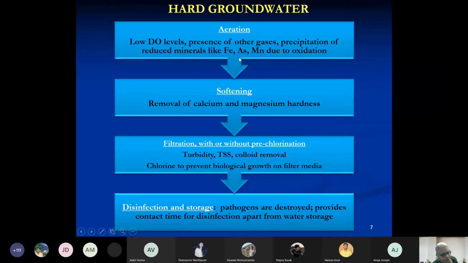And arsenic is generally associated with iron, and especially in this part of, not this particular part of West Bengal, but the border areas of West Bengal are severely affected by arsenic in their groundwater. So these two are generally found together, and they are also very often in reduced form.